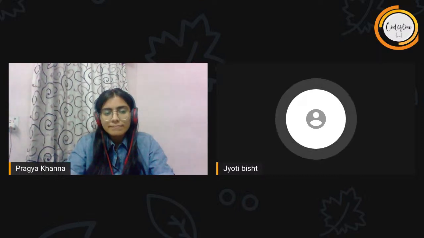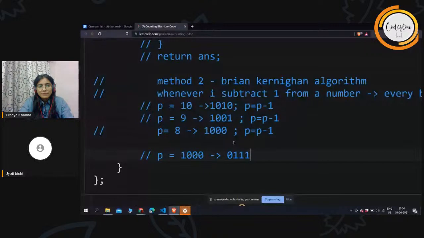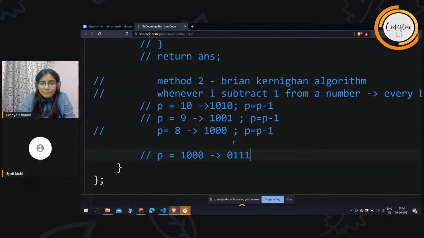Okay, so I was saying that P is a number. I am not given its decimal representation. I'm given its binary representation. Now this number can be very large. So calculating the decimal and adding, I don't know anything about it. So I know the rightmost bit is this.